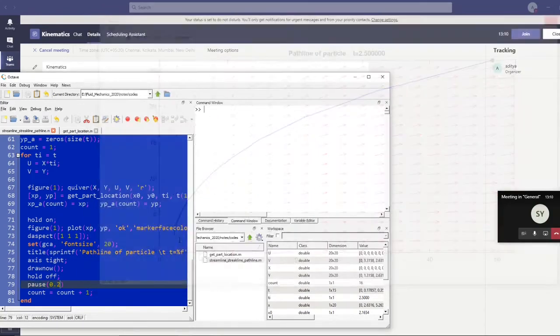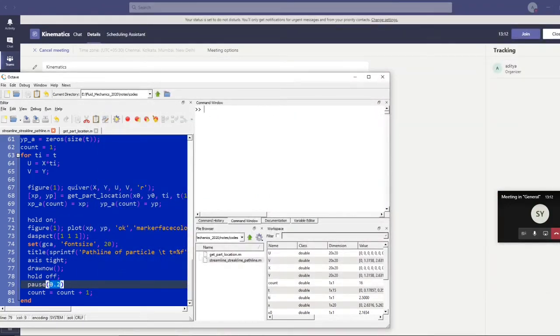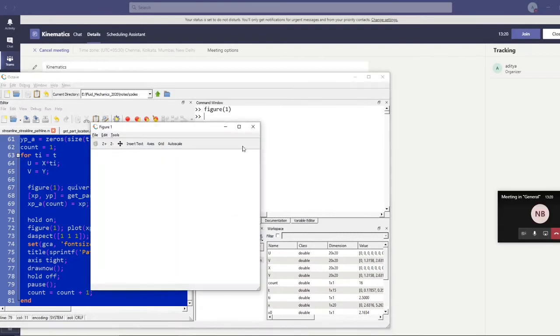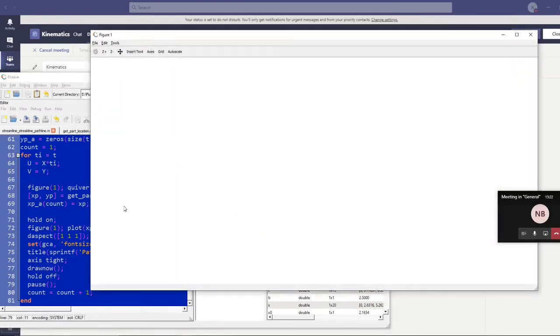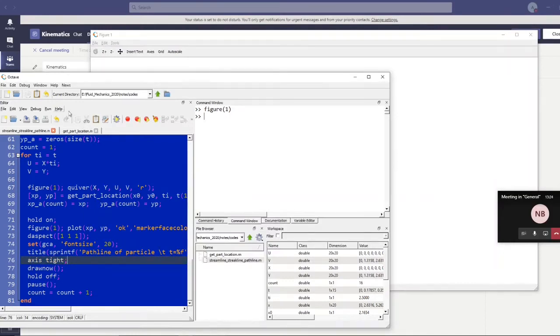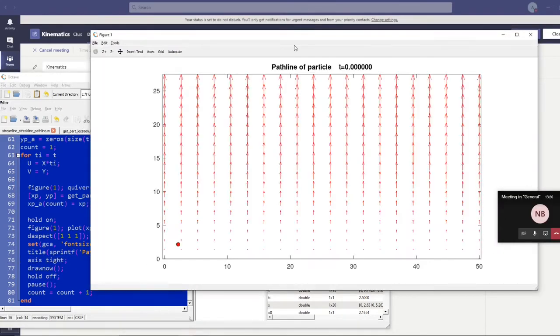Let me remove the pause and do it manually. So initially the particle starts over here, the time is t equal to 0.